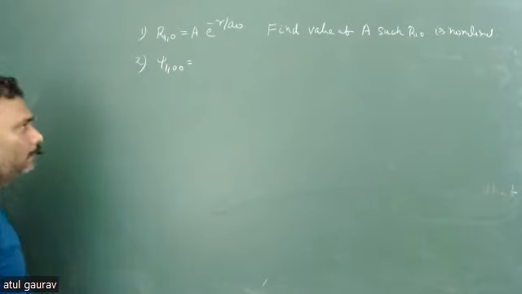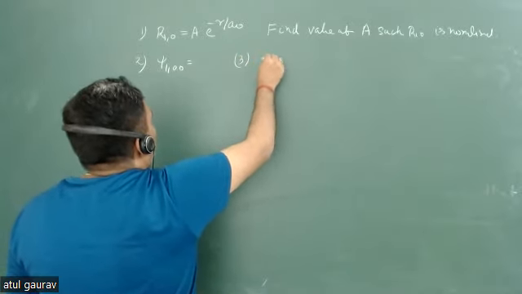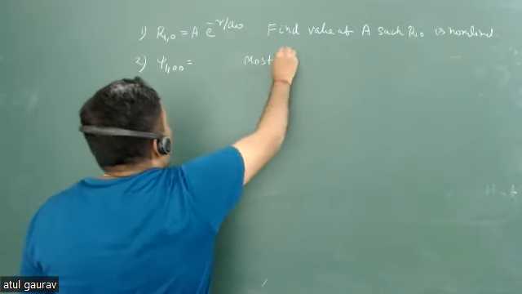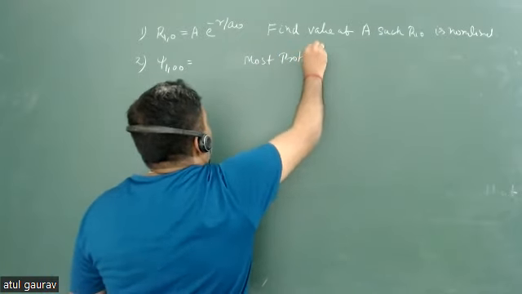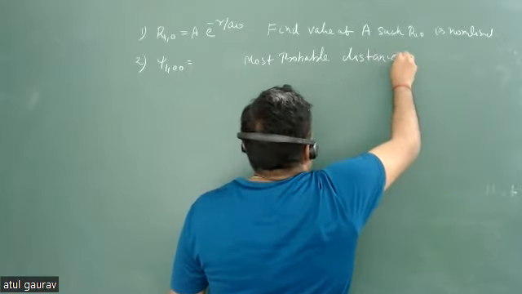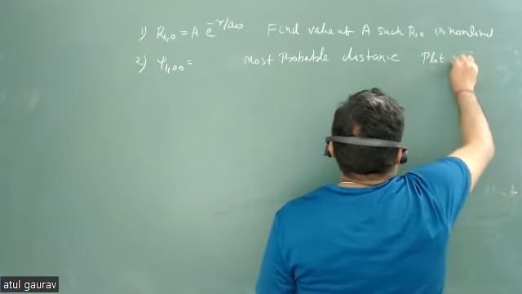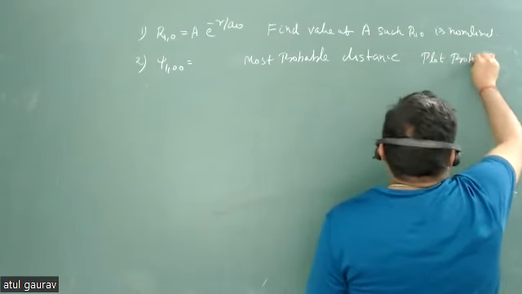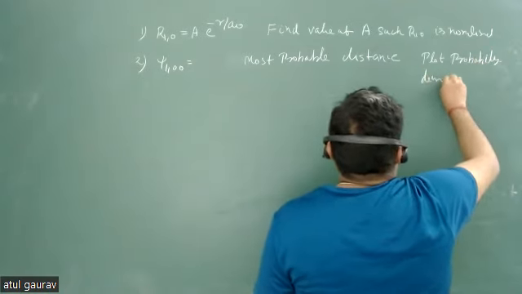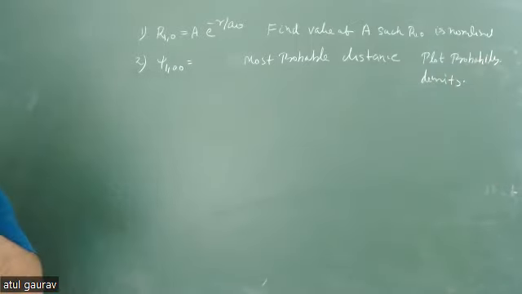What is the expression of psi 100? And then we have to find the most probable distance. And we have to plot the probability density. Okay. So let's try to go for this.